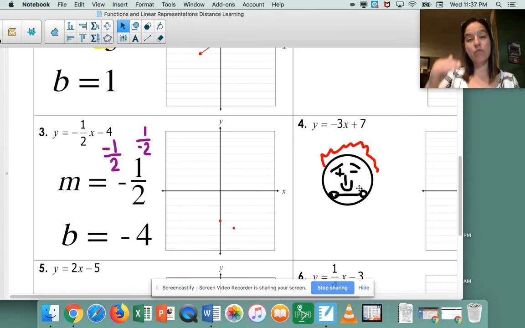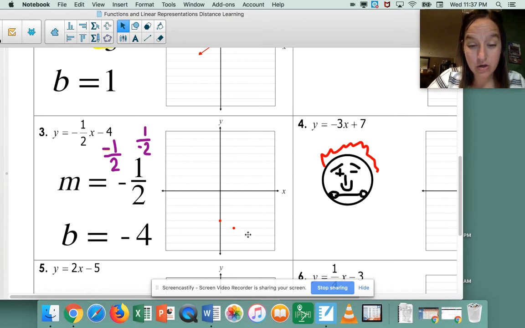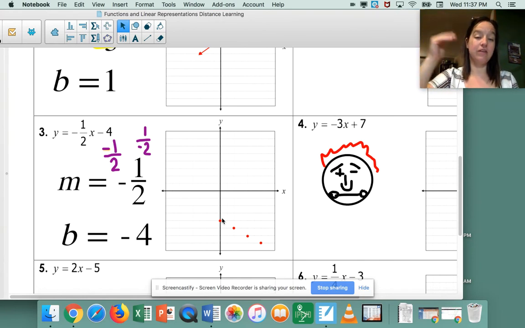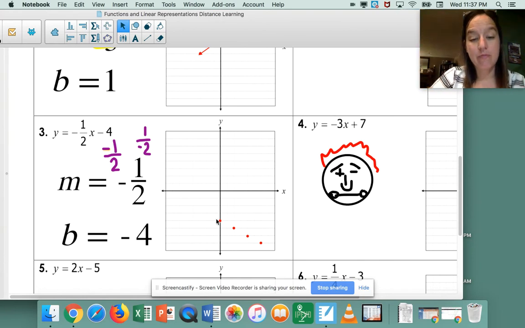I went down 1 because I'm using the negative as the numerator, and then the denominator is positive, so I'm going to the right 2. Now, if I wanted to go the other way and look at 1 as a positive and 2 as my negative, I would be going up 1 and to the left 2.